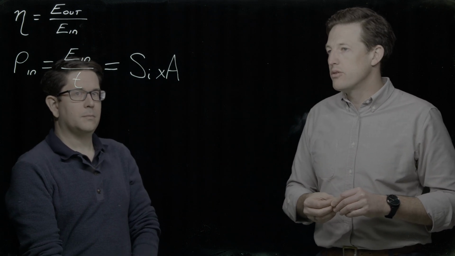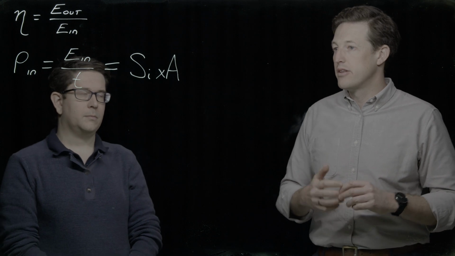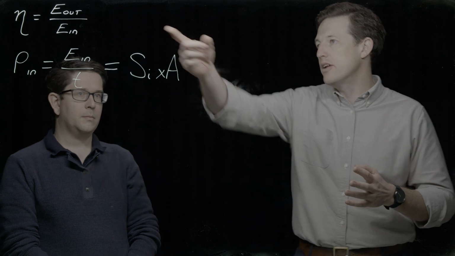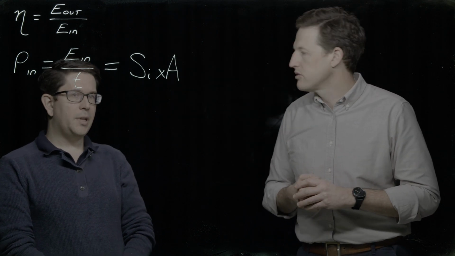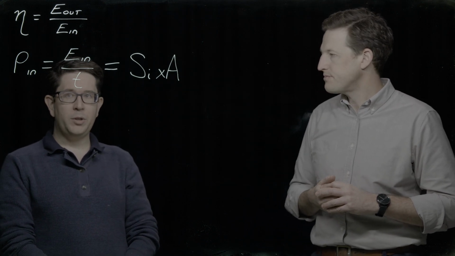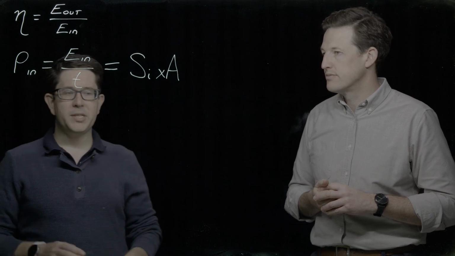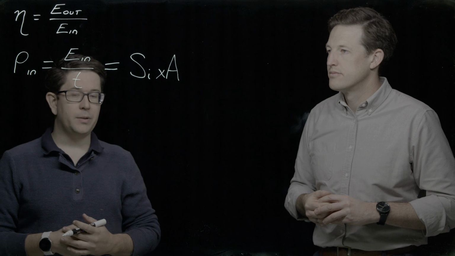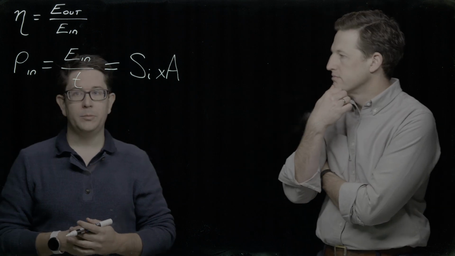So this gives us some information about the power in. What about the power out, or the energy out as it is up here at the moment? If we want to look at that, we need to start looking at what sort of voltages and currents are produced by our solar cell.